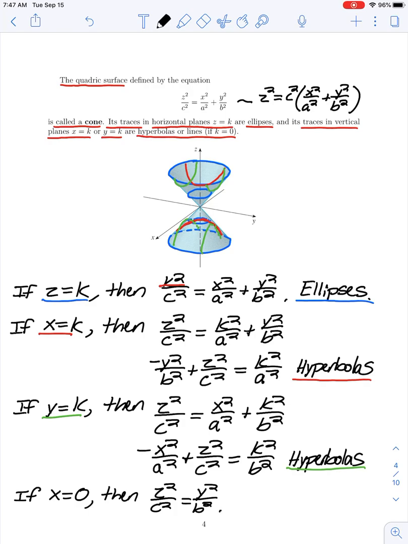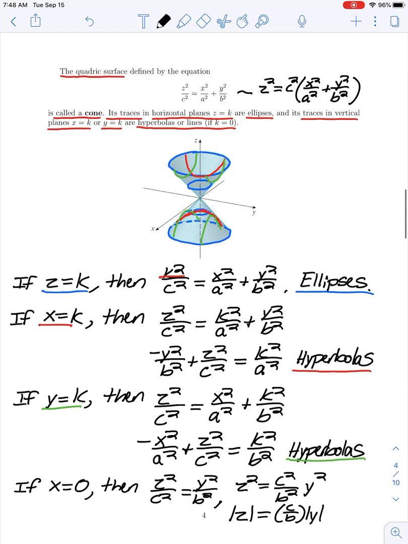I claim that these represent lines. Let's see why. If I simplify this a little bit, I could write this equation in the form z squared is equal to c squared over b squared times y squared, or taking the square root of both sides, I would have the absolute value of z is equal to c over b times the absolute value of y.